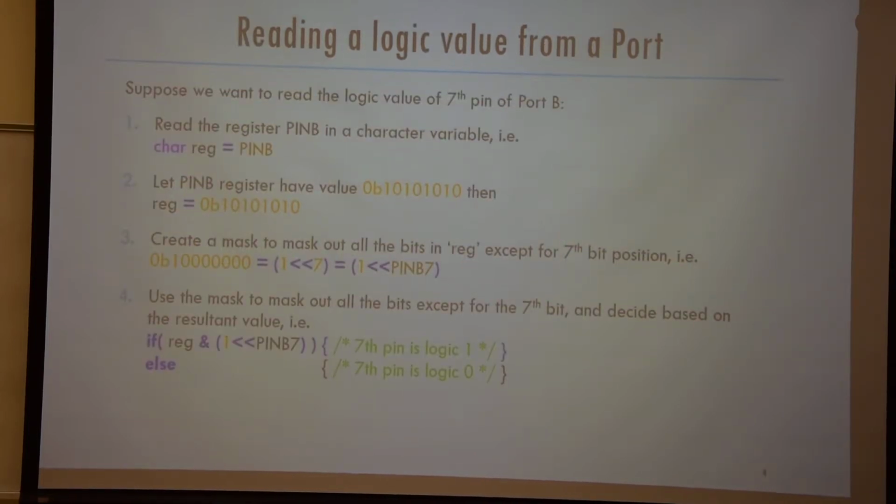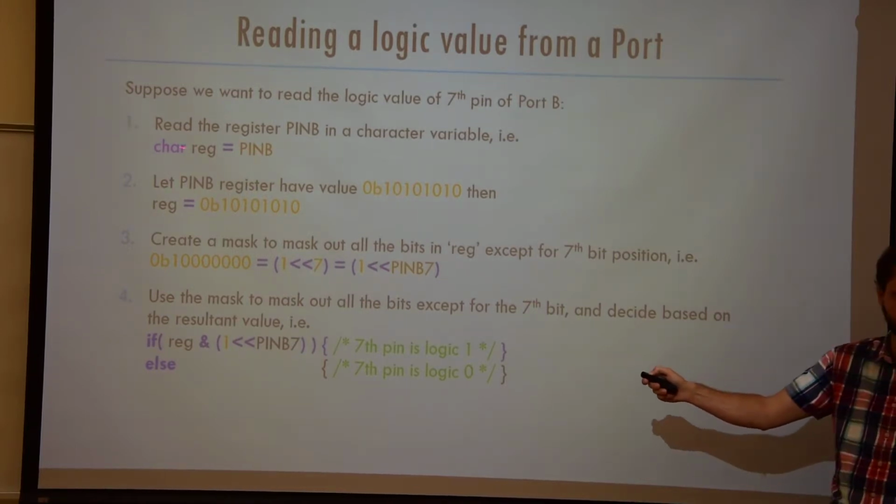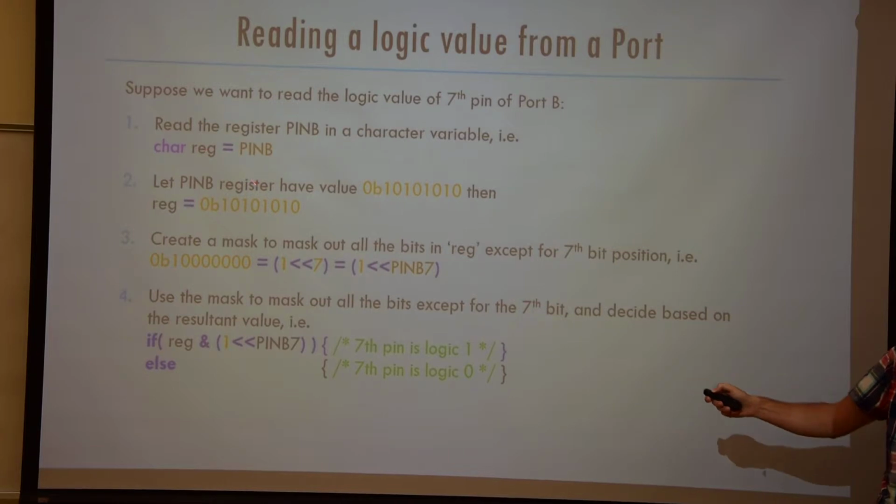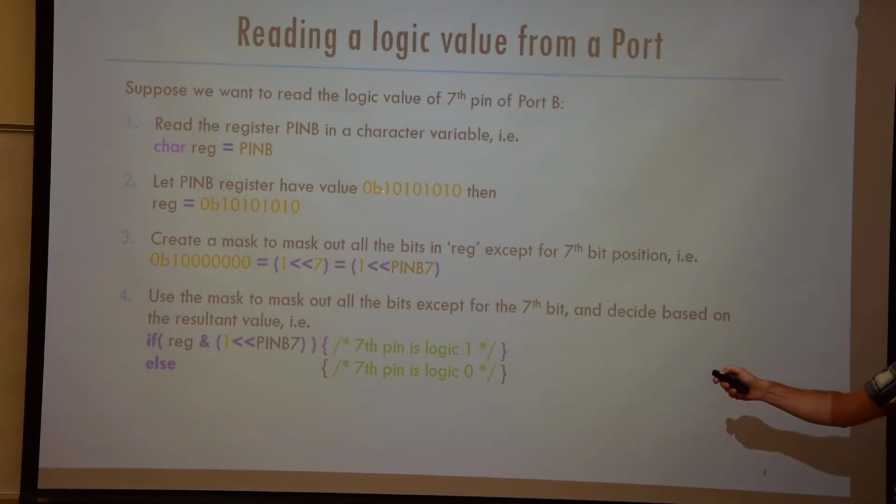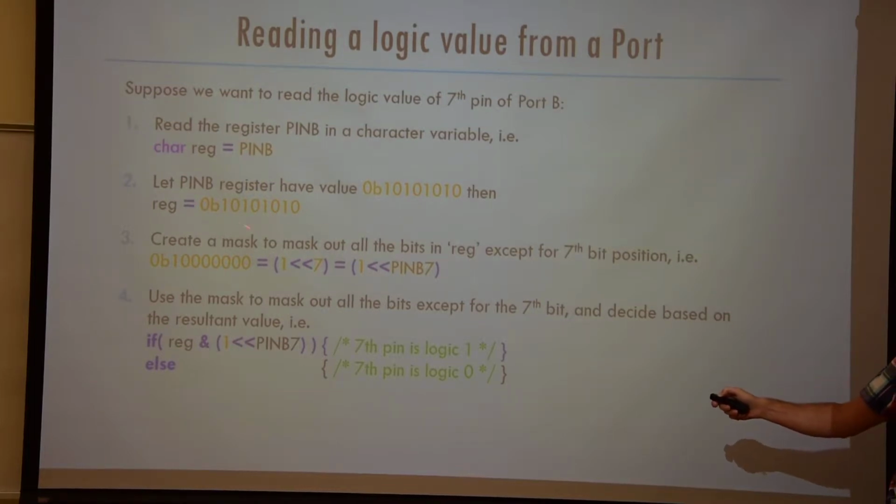Alright, so now let's move ahead. Again, I like to stress once more, if you're going to read the pin register, we just define some kind of variable, for example a character here. Suppose the pin B register has this particular bit value, so 8 bits, 10101010, then the register value would be equal to this.